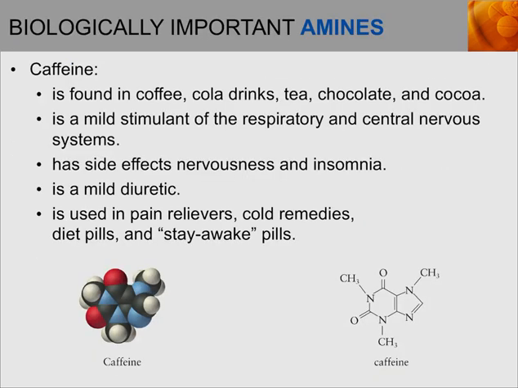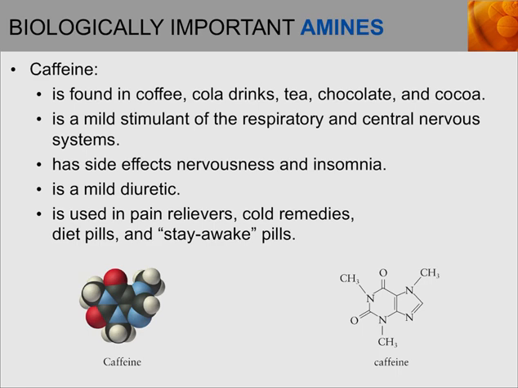Now, one example of a biologically important amine is caffeine. Caffeine is found in many different drinks and foods. It's found in coffee, Coca-Cola, other soda, tea, chocolate, and cocoa. So I'm personally a huge fan of coffee, but caffeine is a drug.